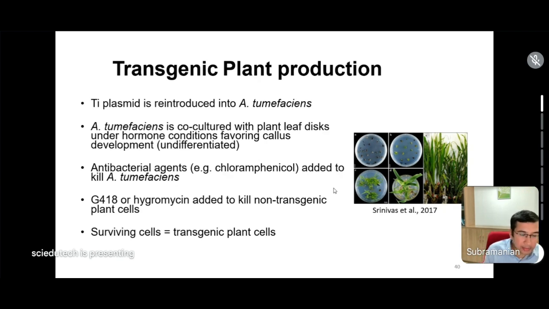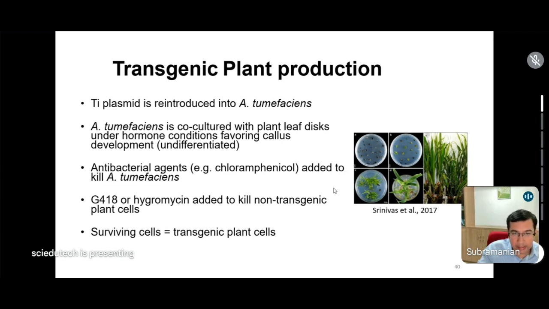Then the TI plasmid is introduced into the plant by co-cultivation of plant cells with Agrobacterium tumefaciens containing this TI plasmid. You can co-cultivate certain plant tissues, for example, plant leaf discs, under certain hormonal conditions favoring what is called callus development.